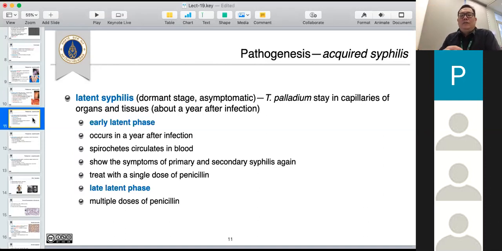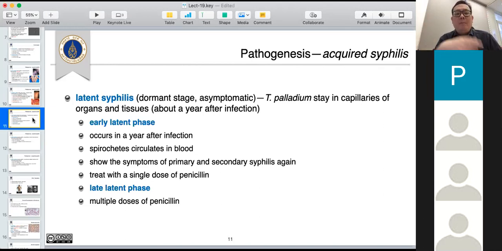Okay, so we divide the latent syphilis into early latent and late latent. In this manner we refer to early latent syphilis, or sometimes we just call it latent. So syphilis comes back to the blood circulation.